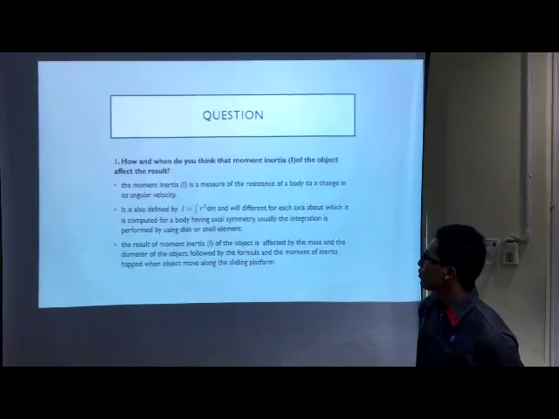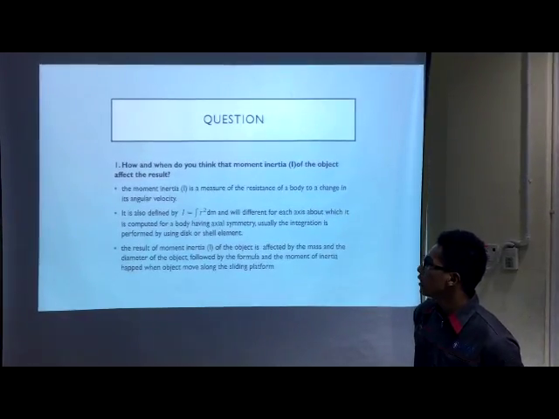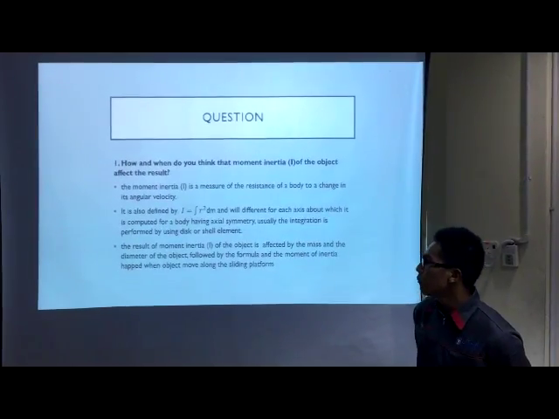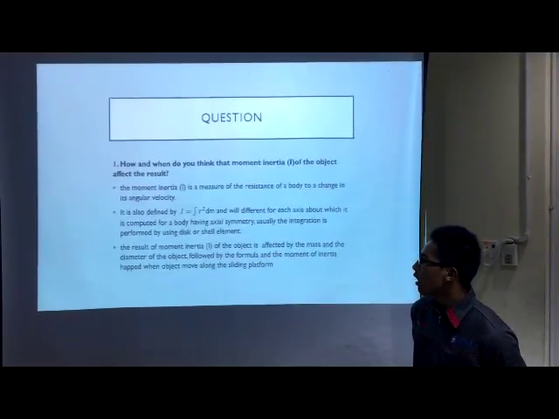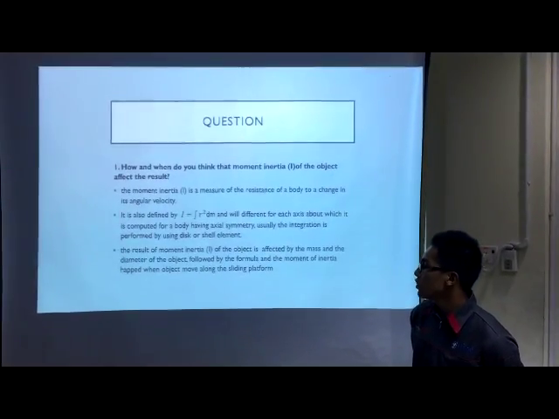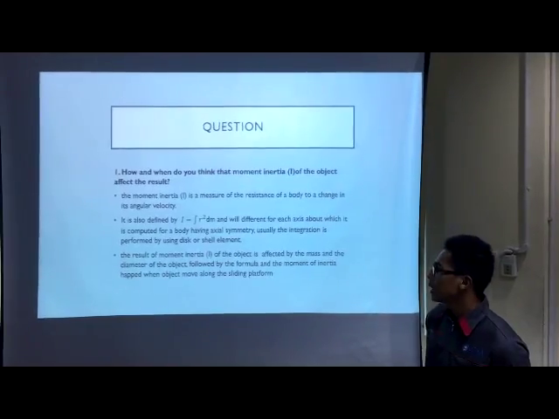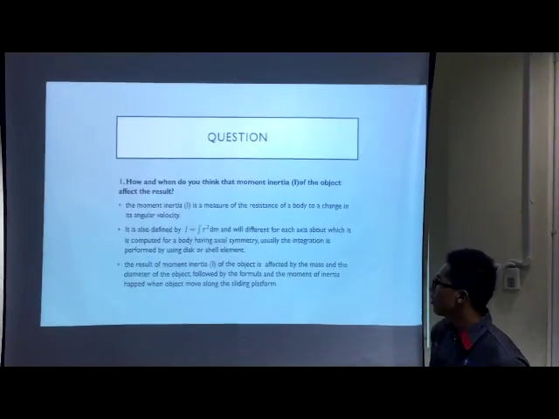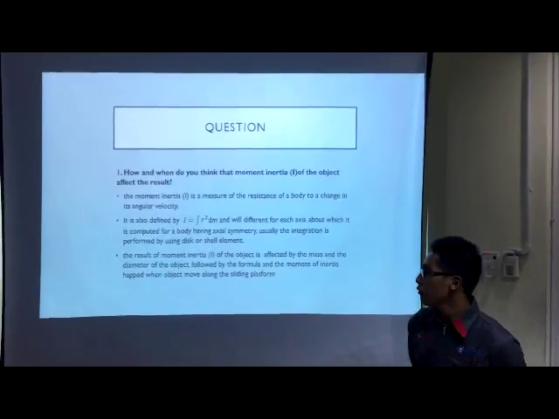It will be different for each axis about which it is computed for a body having axial symmetry. Usually the integration is performed by using a disc or shell element. The moment of inertia of the object is affected by the mass and the diameter of the object, following the formula, and it happens when the object moves along the sliding platform.